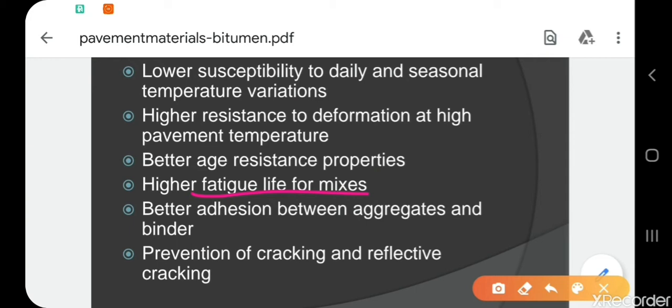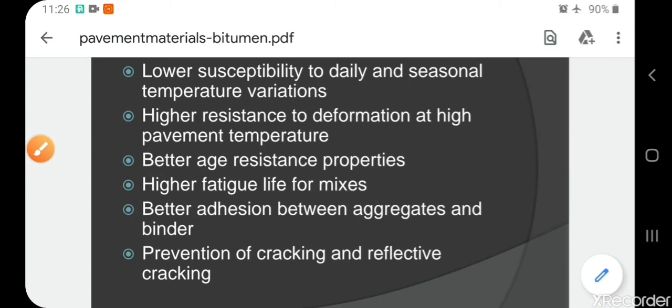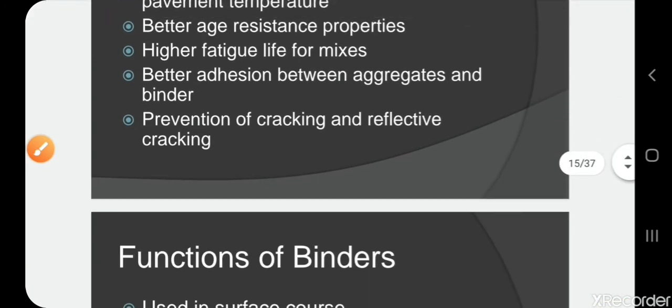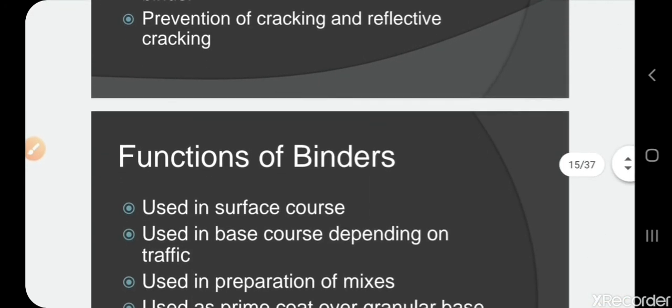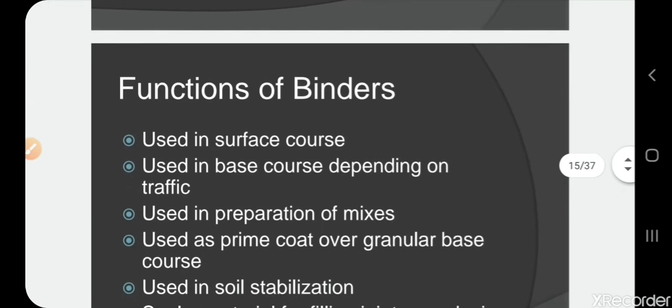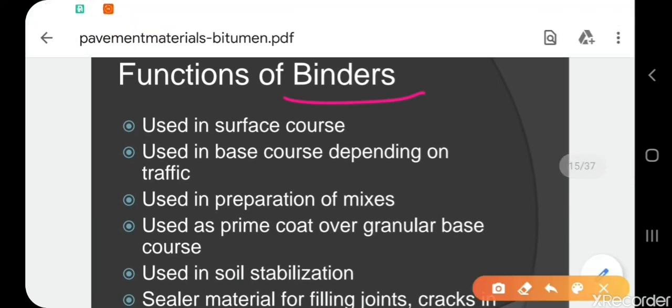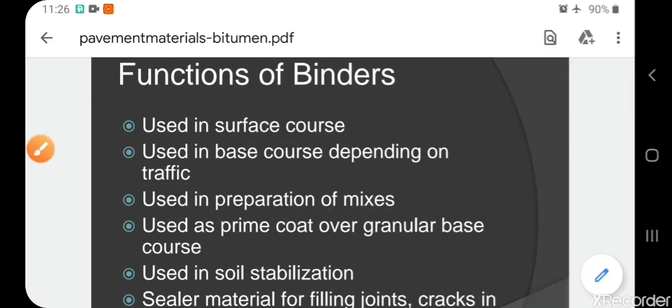Next, better adhesion between the aggregates and the binder. Next, prevention of cracking and reflective cracking. Next, functions of binder. What do you mean by functions of binder? As the name indicates, binder binds together. It is used on the surface course and the base course depending on the traffic, and in the preparation of mixes, because the bonding should be more.